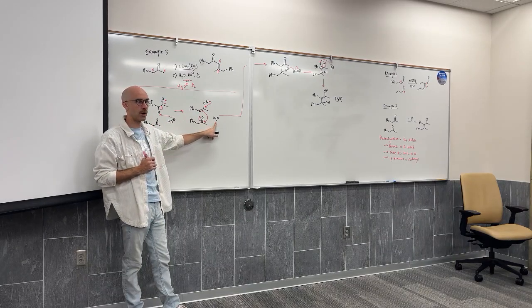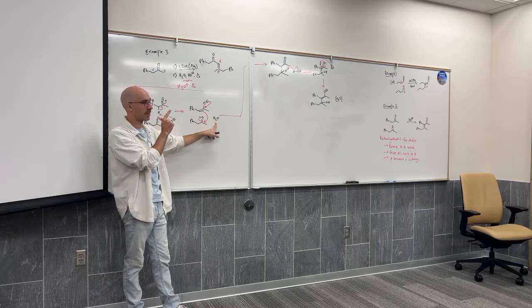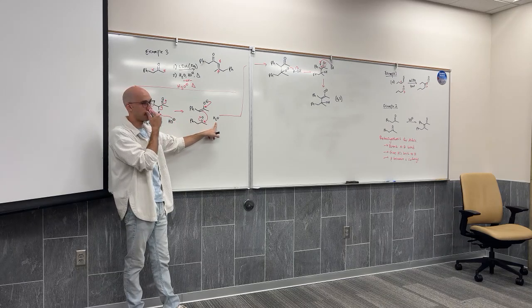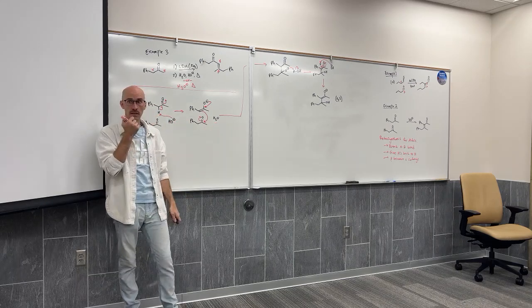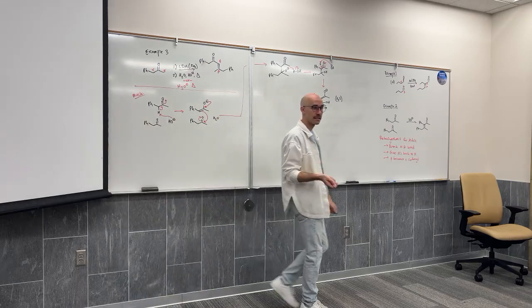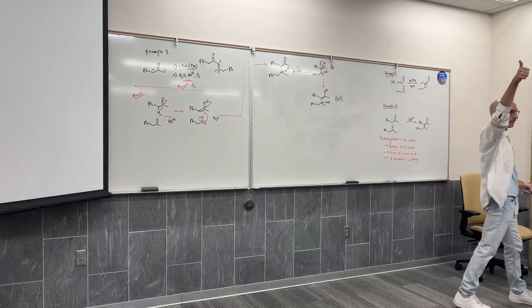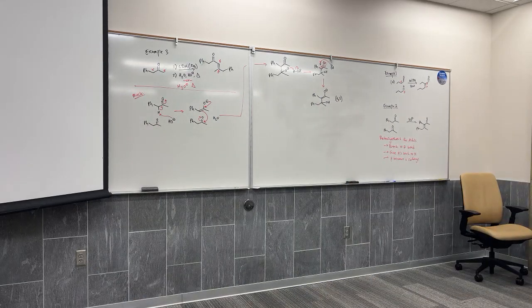Do you guys see what needs to happen to get from this intermediate to the final product? Tell me some things that need to happen. Deprotonation. I don't agree. No, I don't see how deprotonation gets us to that. Okay, keep going.